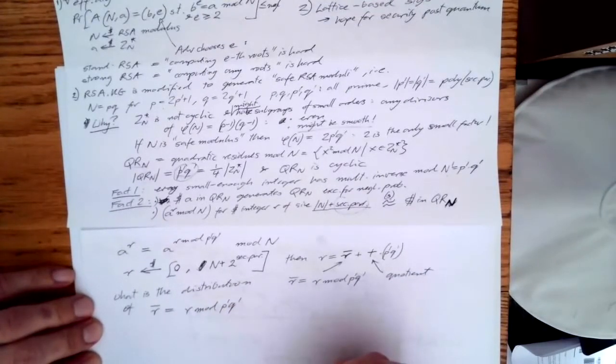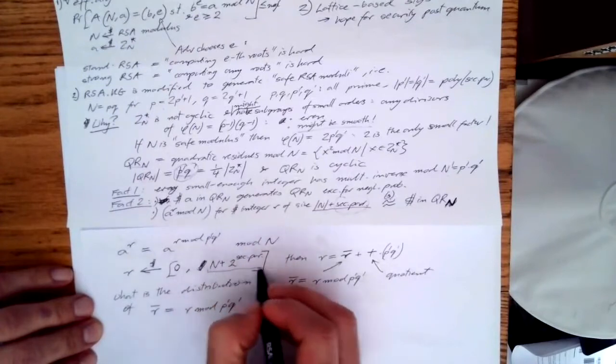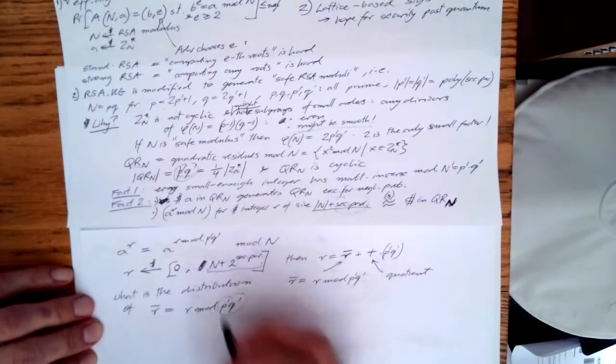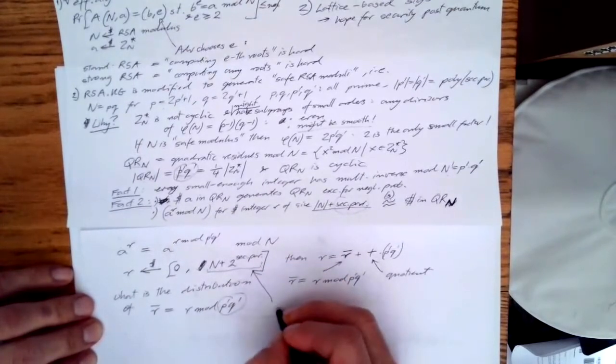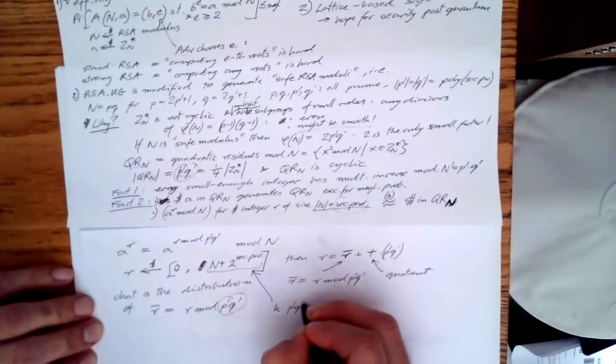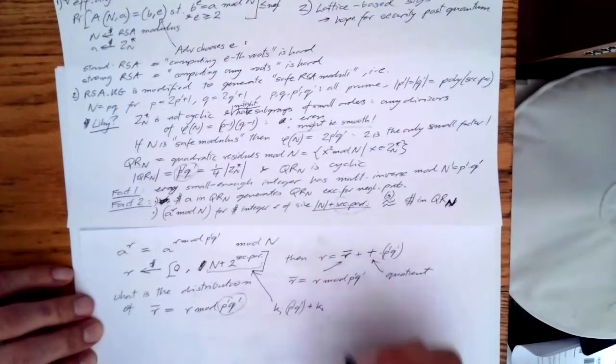Oh, I see. It's because the interval is a lot. Yes, p prime q prime times something big. So the last part won't matter that much if it's not in a boundary. Exactly. It's not going to be an exact multiple of this number, but this is some multiple of p prime q prime plus some overhang.